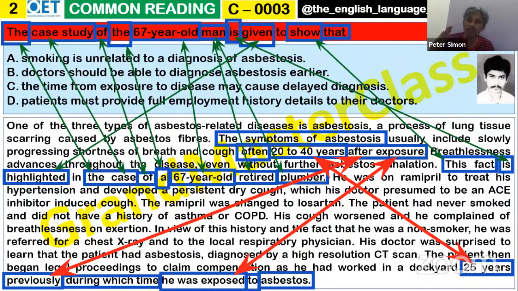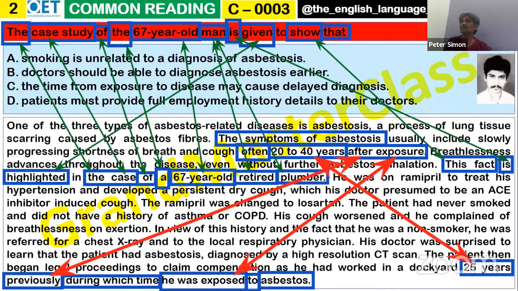Because the signs and symptoms were revealed after 25 years, he was diagnosed with asbestosis. Why was he not diagnosed earlier? His diagnosis was delayed for 25 years.